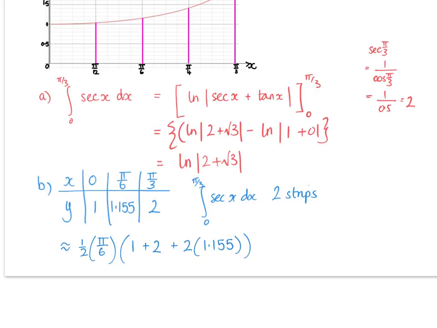That works out to be approximately 1.390 and so on, but we'll give our answer to 3 significant figures, so 1.39 to 3 significant figures.